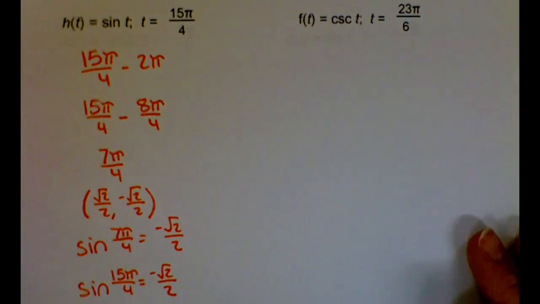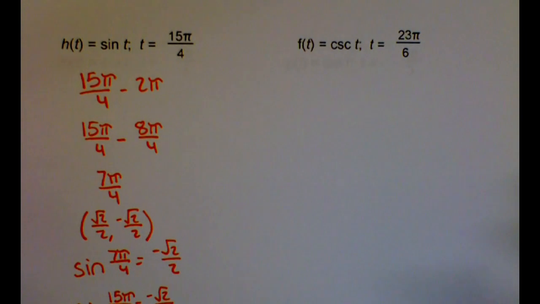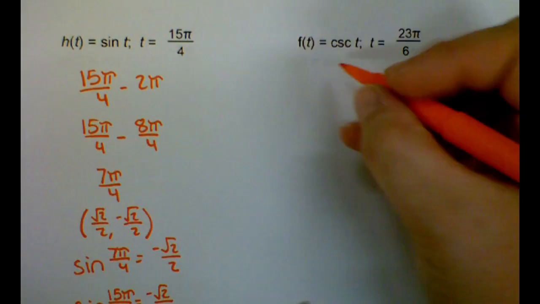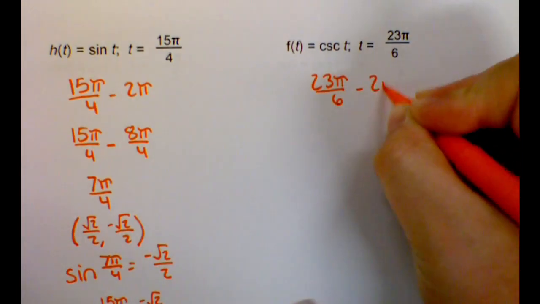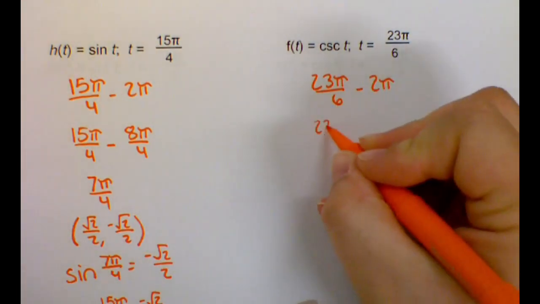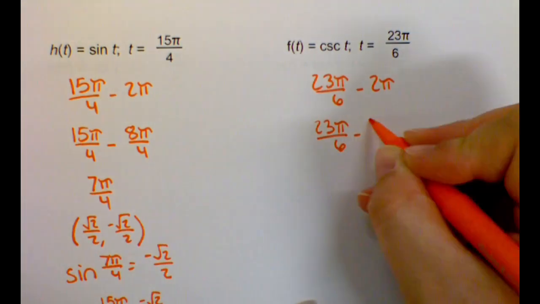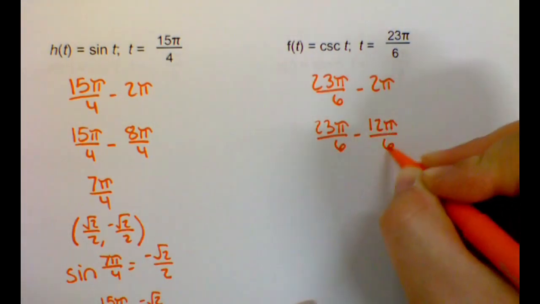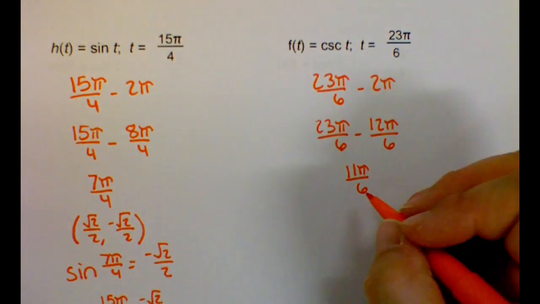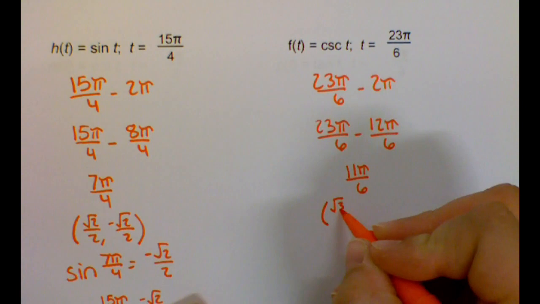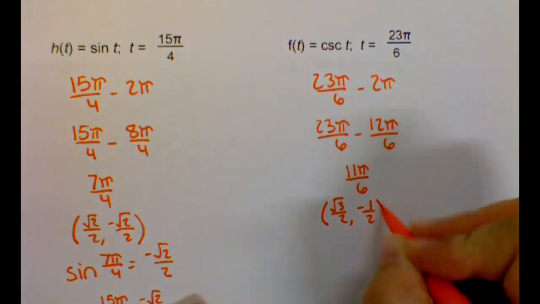Cosecant of 23 pi over 6. Well, 23 pi over 6 is not on my unit circle. And I noticed that it's too big, so I'm going to subtract 2 pi. Turn that into 6, which is 12 pi over 6. And I get 11 pi over 6. Coordinates at 11 pi over 6 are square root 3 over 2, negative 1/2.